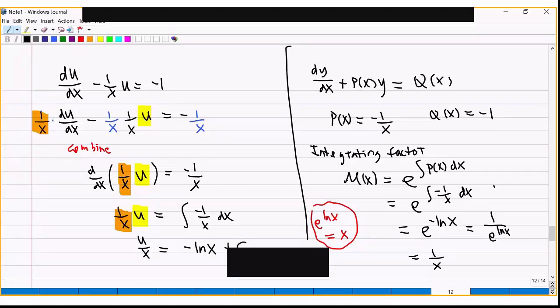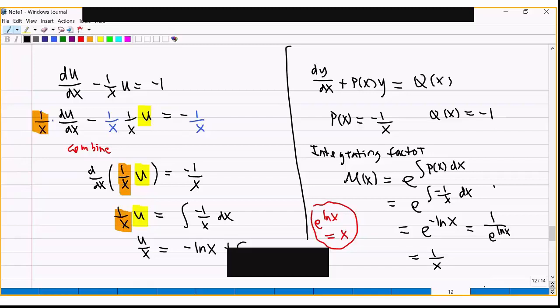I think this is maybe the simplest I can get. First, u over x is minus ln x plus c. Then you put the u back.